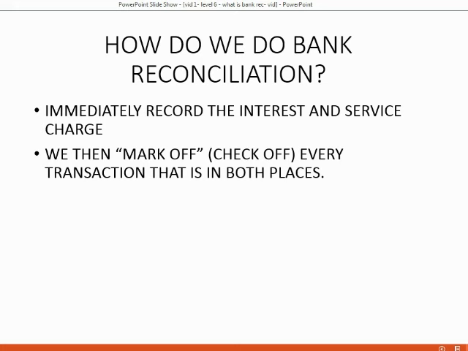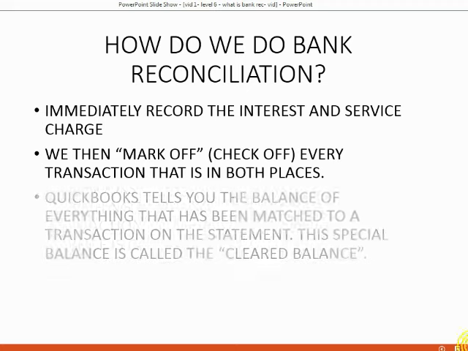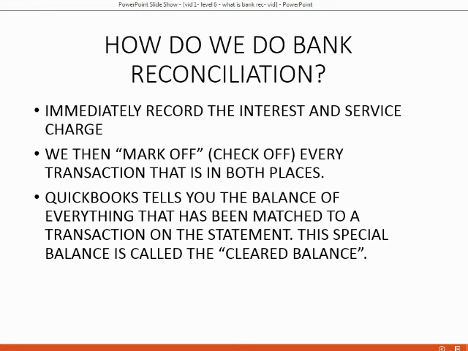Regarding the outstanding checks and deposits in transit, the way we handle that is we mark off or check off every transaction that is in both places. When we do that, we are telling QuickBooks that these items have cleared the bank. QuickBooks will tell you the balance of everything that has been matched to a transaction on the statement.